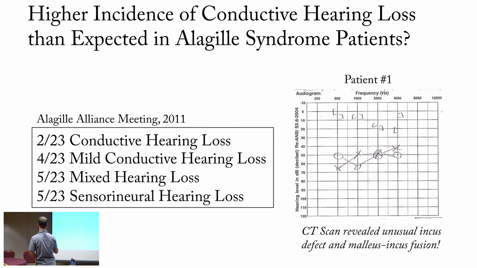She had already had a CT scan. They said it was normal, and then we took it to our radiologist, and he found this incus defect. And in addition, there were much smaller semicircular canals, so the vestibular system was also abnormal. So there could be other defects there, maybe like the eustachian tube itself is not properly structured, and so fluid can very easily get clogged up in there.